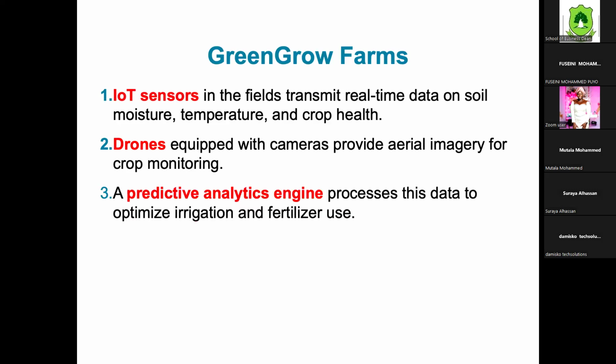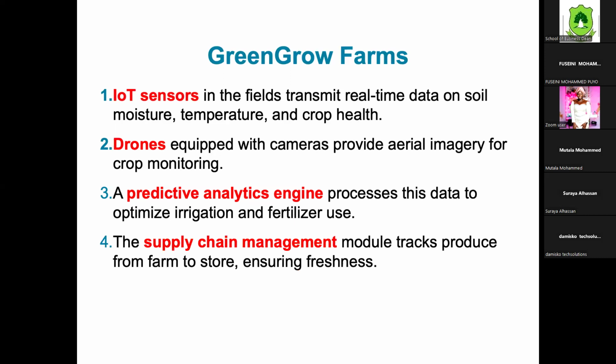A predictive analytics engine processes this data to optimize irrigation and fertilizer. So they have laid pipes all across the farm, so that if the sensors realize that some of the crops need water, or are about to die, then it will trigger this predictive analytics engine, and then it will spray.